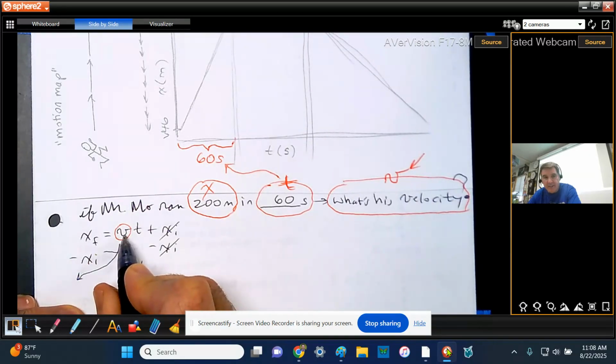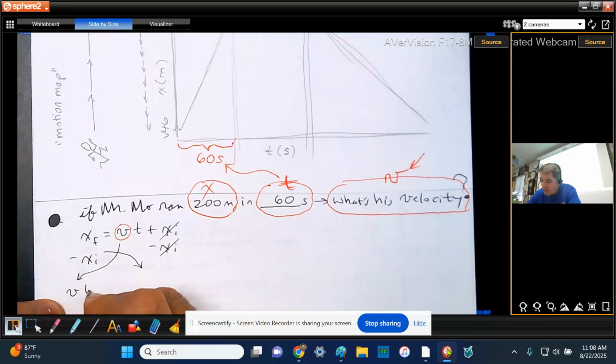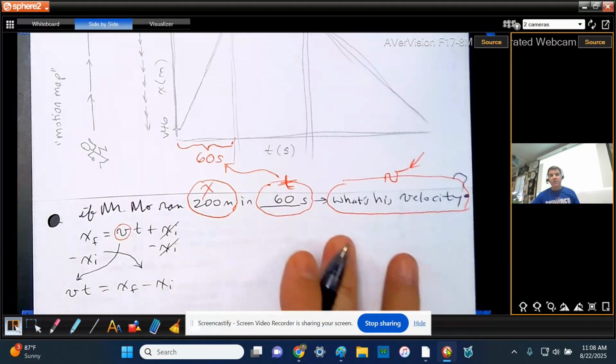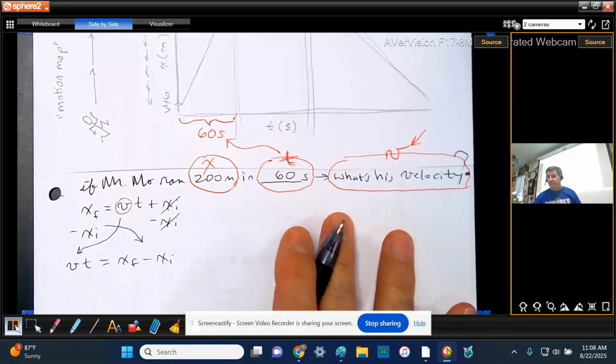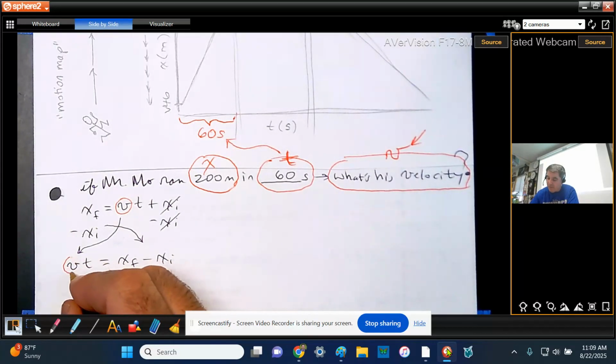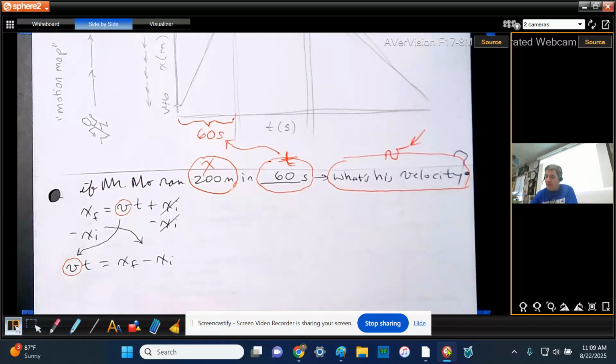The reason I'm going to do that is because I want to solve for v. So I'm going to put vt over here. This is gone. vt equals xf minus xi, which I'm putting on this side. I hope I didn't lose you there. All I did is switch sides. Okay, now you guys are probably onto it. You see what I'm doing. I still want to solve for v, so I've got to get rid of this t.